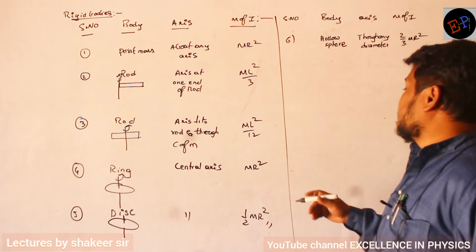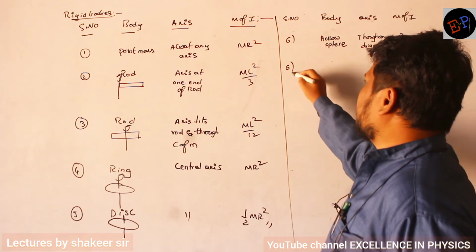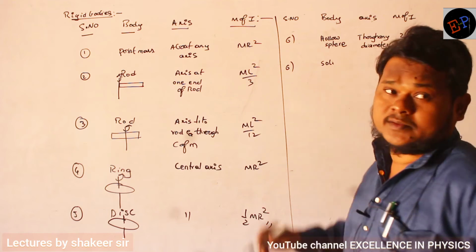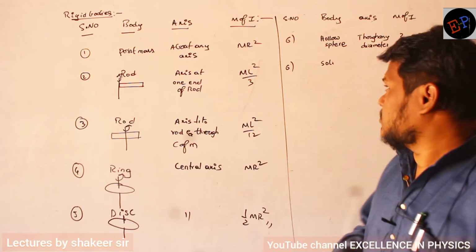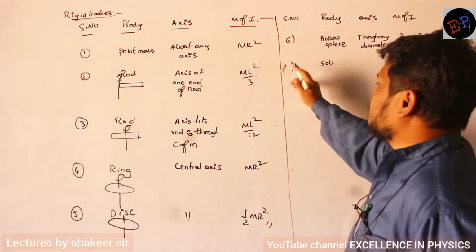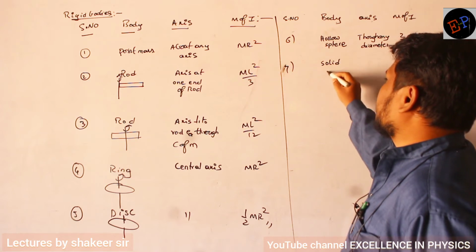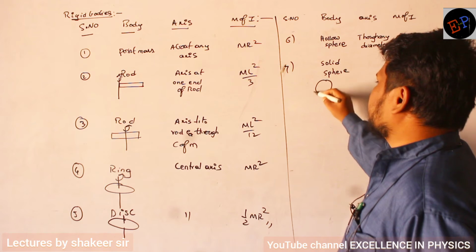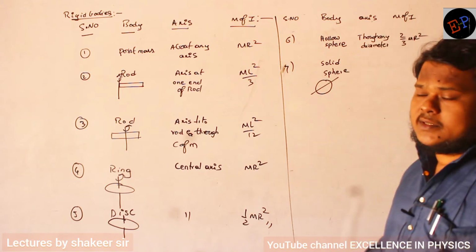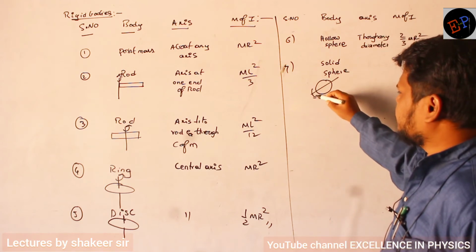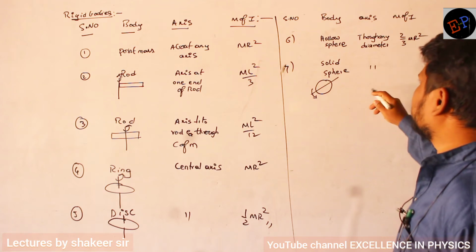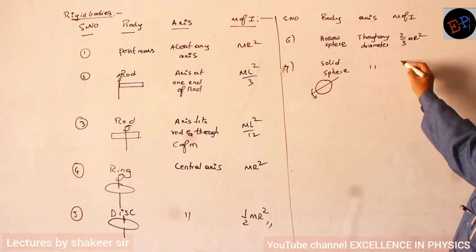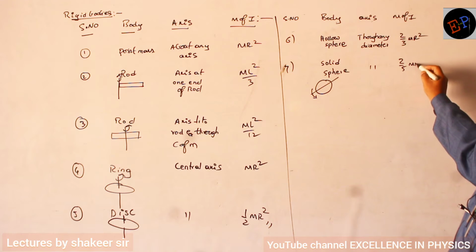Next, seventh one, solid sphere. Solid sphere means, we know, a cricket ball is an example of a solid sphere. About any diameter, its moment of inertia is 2 by 5 mr square.